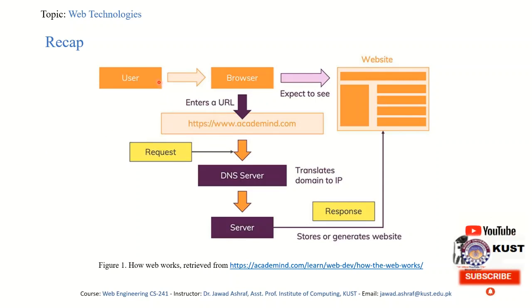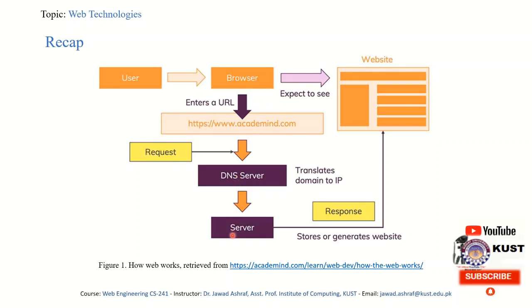So the simple round of the request of a page is, I'm repeating it again, a user requests a page through the browser, and that request is sent through the DNS server to a server.